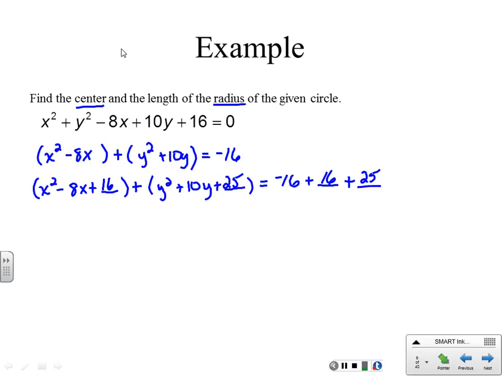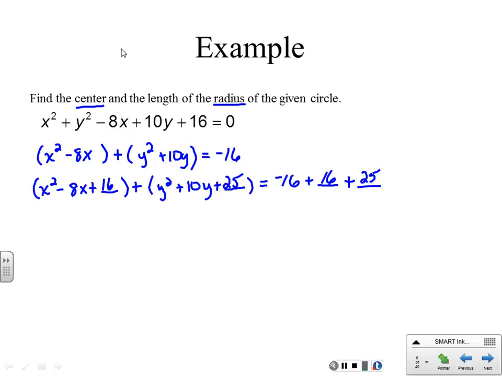Okay, so Heather pointed out that the square was on the inside. Well, it's still on the inside. What is the whole point of completing the square? We'll move the square outside. Well, when you complete the square, what does it make? A perfect square trinomial.